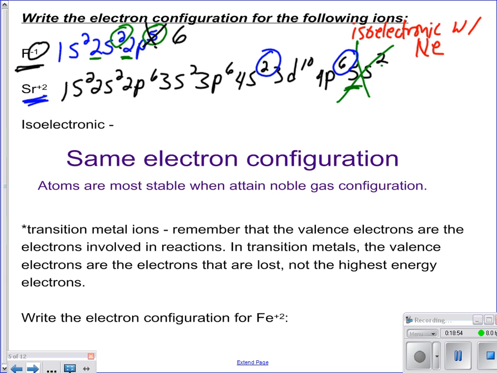So now going to the strontium with a +2 charge, when it lost those 2 electrons and ends up having a 4p6 as its final electron, which one has a 4p6? Krypton. So the strontium ion is isoelectronic with krypton.